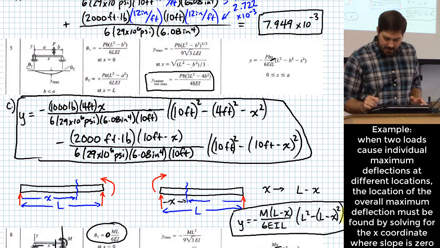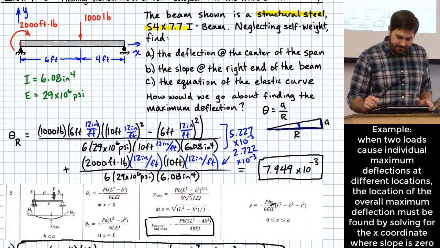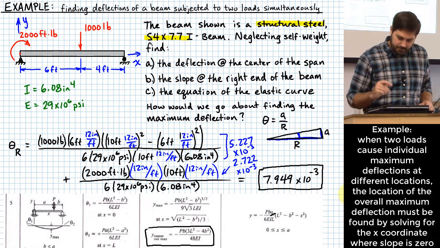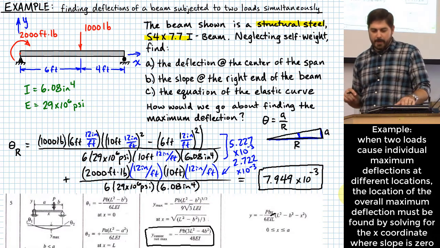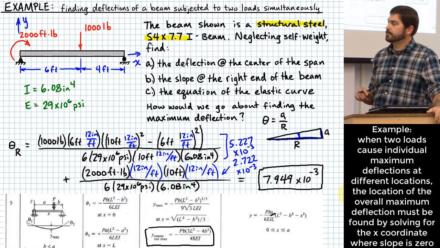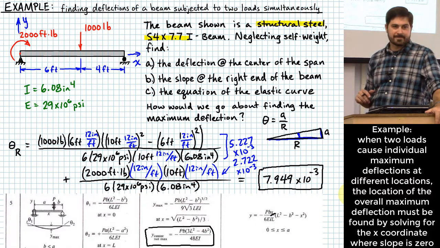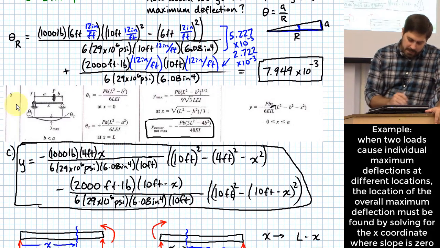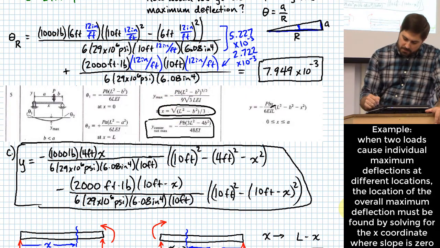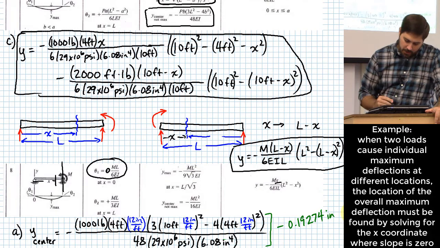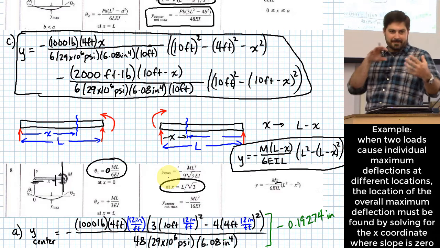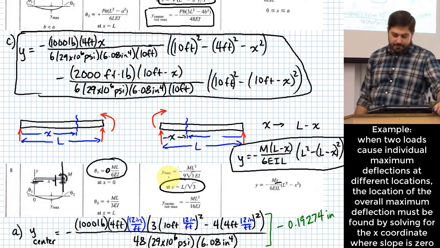Now, the last thing we need to discuss: how would we go about finding the maximum deflection? The reason this is tricky is that the maximum deflection for case 5 occurs at this x-coordinate. The maximum deflection for case 8 occurs at this coordinate. Of course, you would have to take L minus that coordinate, because we're flipping it around.